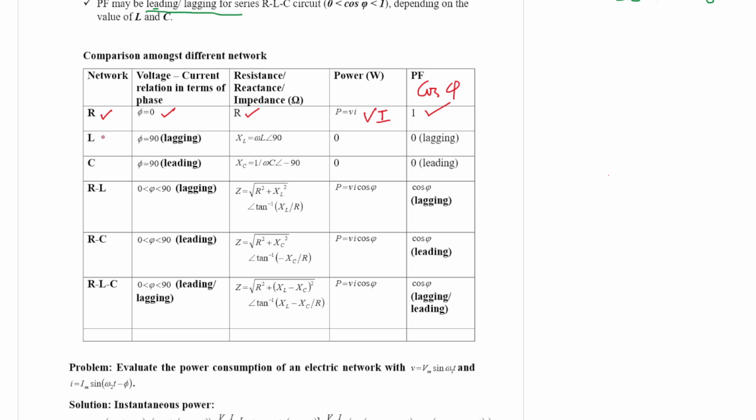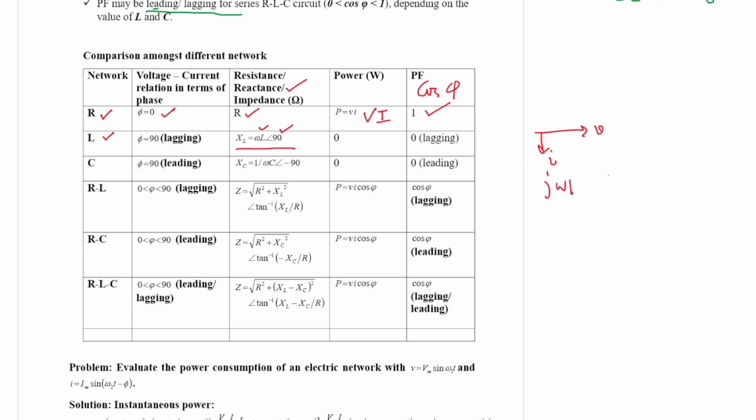Now if we have only inductance present, phi is 90 degrees lagging, because current is lagging. This is current, this is voltage. In case of an inductance, there is no resistance, we have a reactance to offer, XL, which is omega L at 90 degrees.